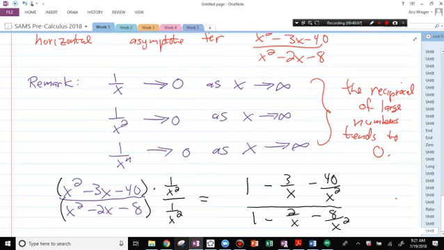So that goes away. 40 over x squared, when x is 1,000, is 40 divided by 1,000,000, which is really small. The larger x gets, the smaller these things become, and they eventually go away. And you're left with 1 over 1, which is 1.